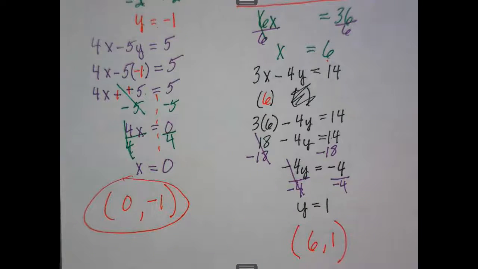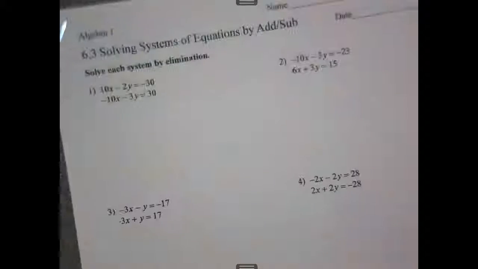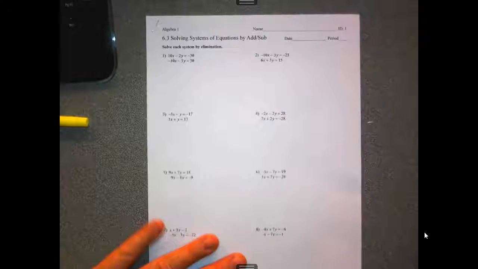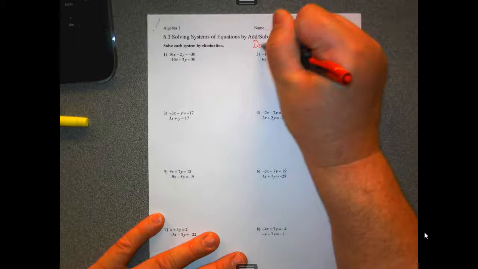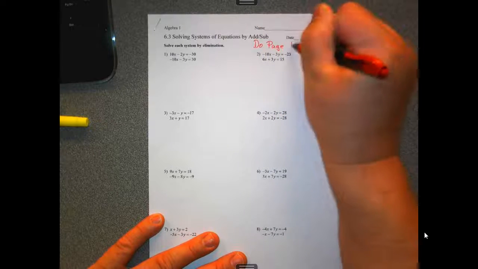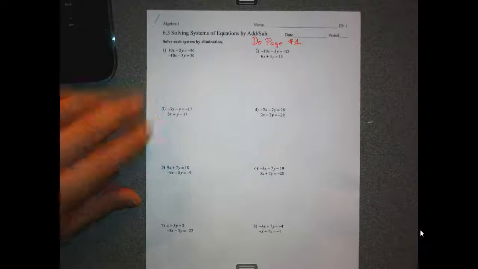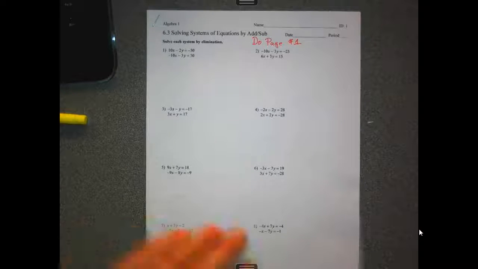On your worksheet, here's what you're going to do. You're only going to do the front page, page 1. If you walk out of here with homework to do over the long weekend, I don't know what to tell you.